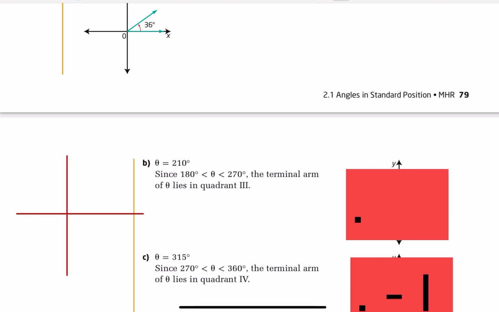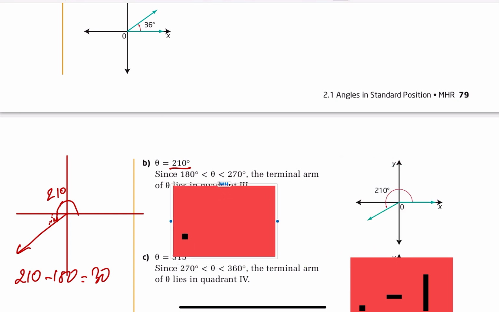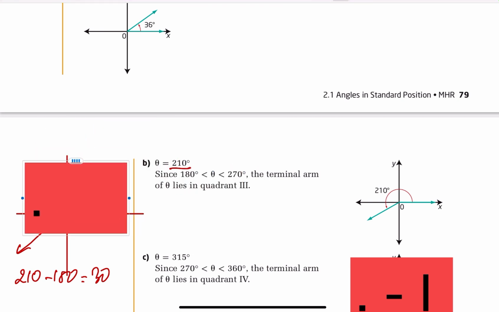So my 210, this is 180, so I will just add a little bit to arrive at my angle, which will be 210 somewhere. If I want to find exactly how much, 210 minus 180 gives you 30°. So whatever I am adding here is 30°, so I will go 180 and add 30°, and you can see it from this representation here.